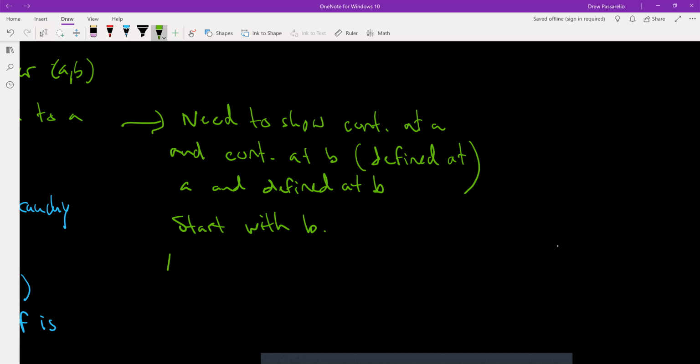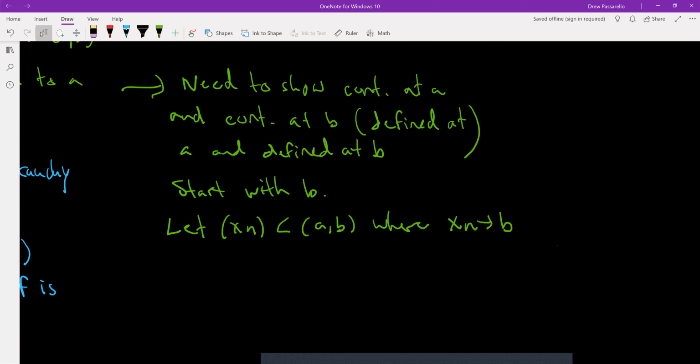So let the sequence xn be a subset of the open interval (a, b), where xn converges to b. And so that means the sequence xn is Cauchy. And then that will imply that f of xn is Cauchy.